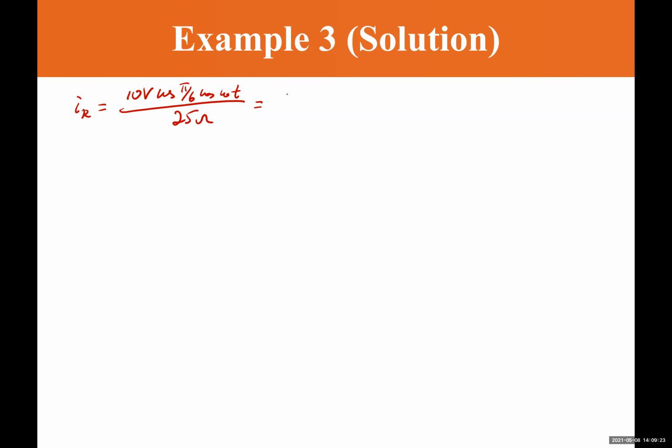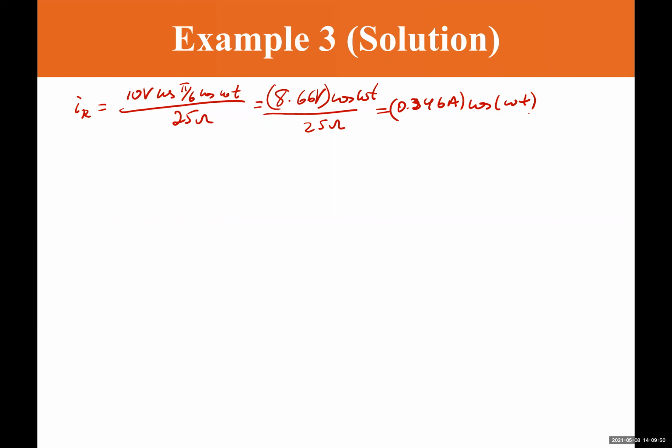So this can be simplified as 8.66 volts times cosine omega t. Then I divide this by 25 ohms. Then what I will get here is 0.346 amps, because it's volts over ohms, cosine omega t. That means this is going to be my equation for the current.